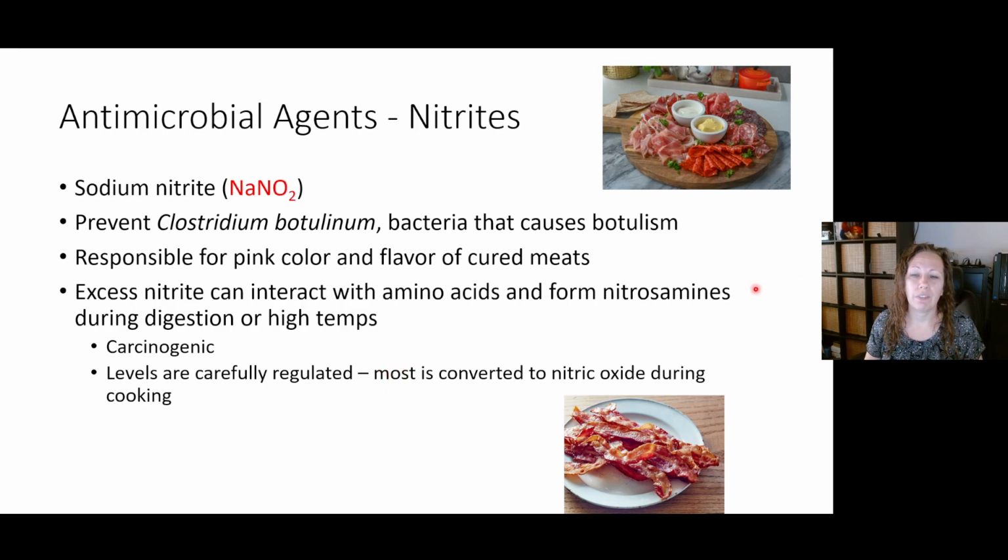And so they add the lowest amount to bacon, ensuring that almost all of that nitrite has been converted to nitric oxide. So there's so little left over in the bacon that you don't have this nitrosamine formation, which is much more likely with a bacon cooking process because that bacon is fried and cooked at such a high temperature than other products. So bacon is the lowest for that reason.